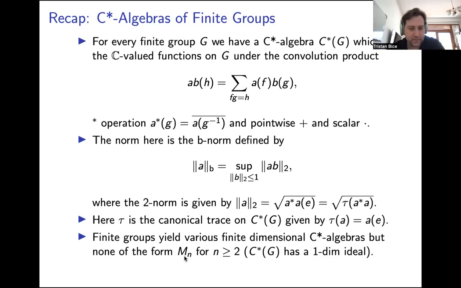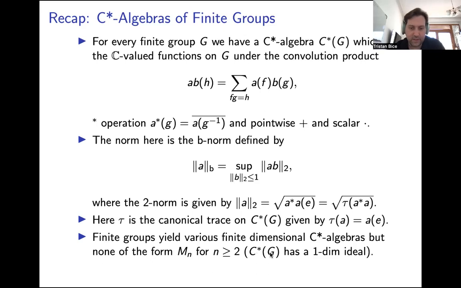If you just look at n by n matrices for some n greater than or equal to 2, this will never be the C-star algebra of some finite group. And the reason is very simple, and that is that we showed C star G always has some one-dimensional ideal.